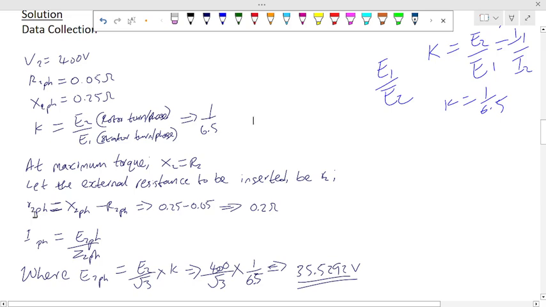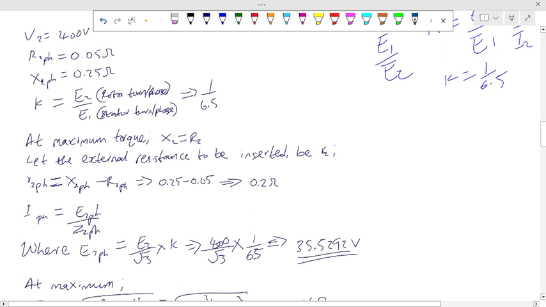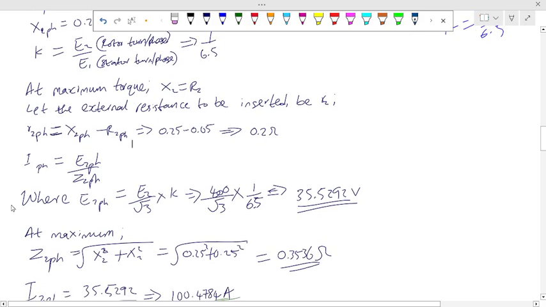This r2 per phase, the external resistance to be added, is our reactance minus our resistance. That will give us 0.2.